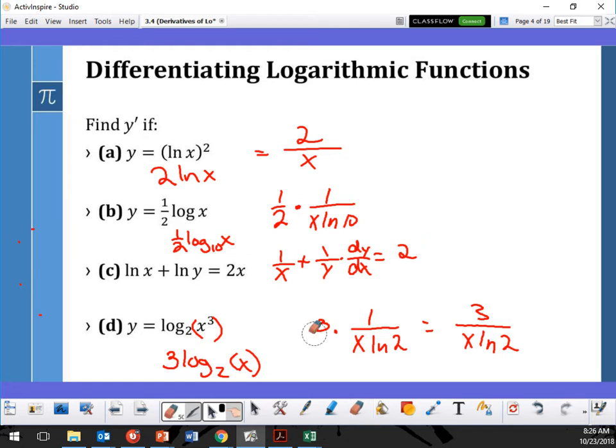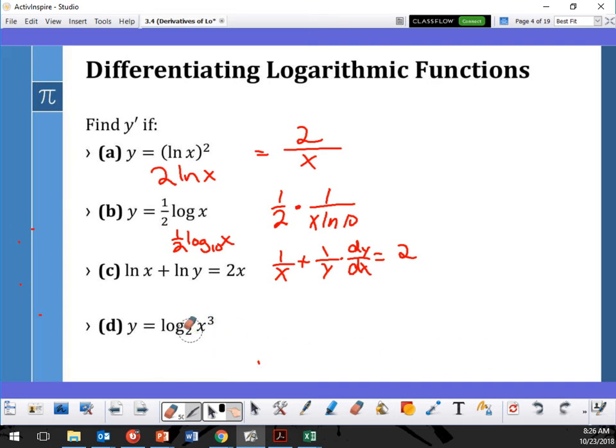Let me clear off what I already have down here so I can make some room. Alright, so algebra says I'm going to have 1 over y dy/dx equals 2 minus 1 over x, because I'm going to subtract the 1 over x from both sides.